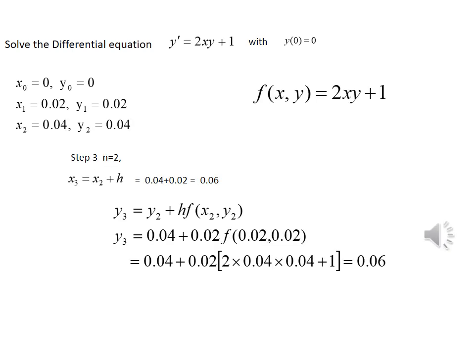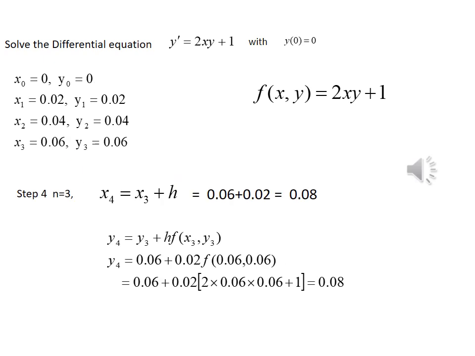Now we have received x0, y0, x1, y1, x2, y2. You can readily calculate x3 by considering x3 equal to x2 plus h, equal to 0.04 plus 0.02, equal to 0.06. Now you can calculate y3 is equal to y2 plus h into f of x2, y2. So y3 is equal to y2 we calculated in the previous step, 0.04, plus h equal to 0.02 into the function of 0.02, 0.02. You apply those x and y values in that function, you get y3.